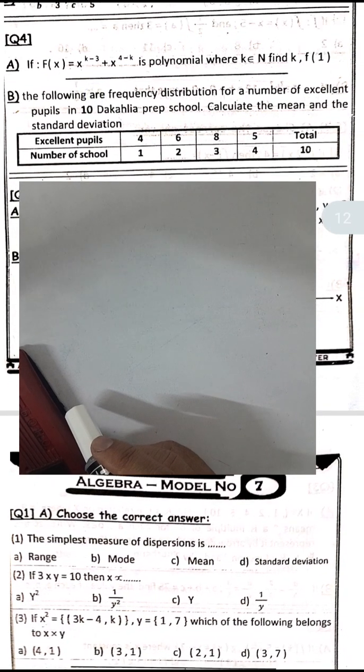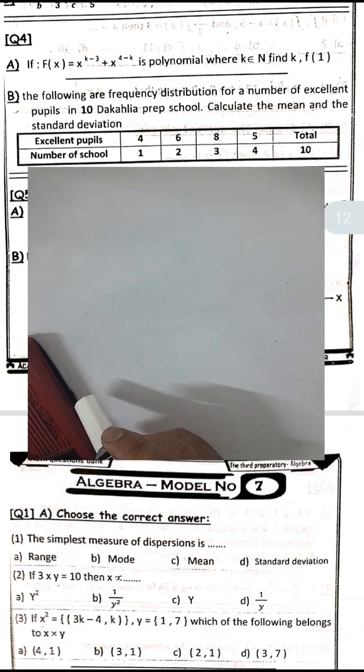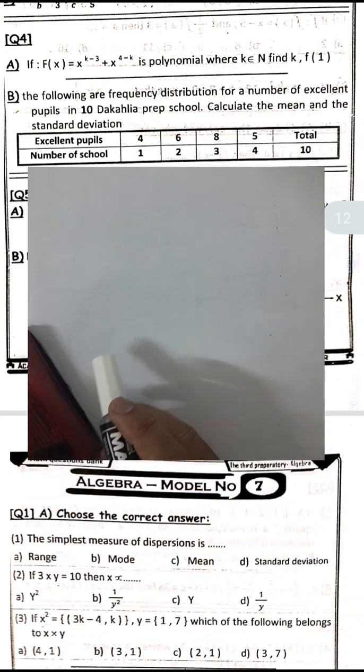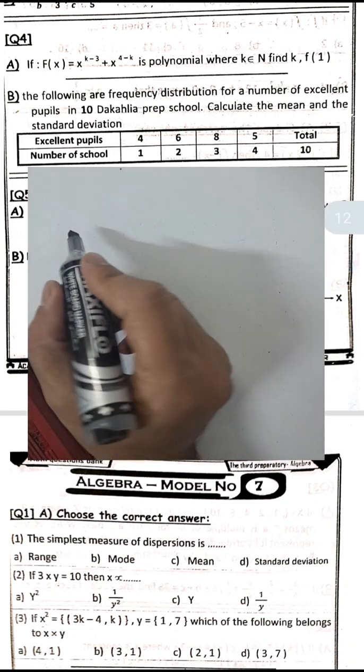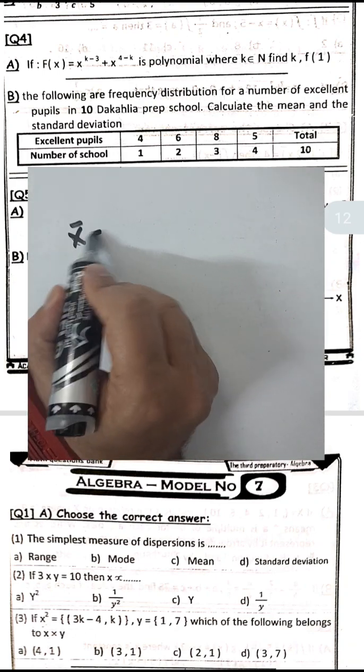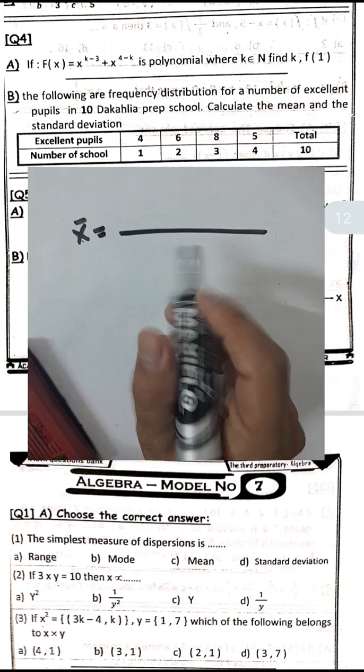Next question, find the mean and standard deviation. We can find the mean, but we have the table.